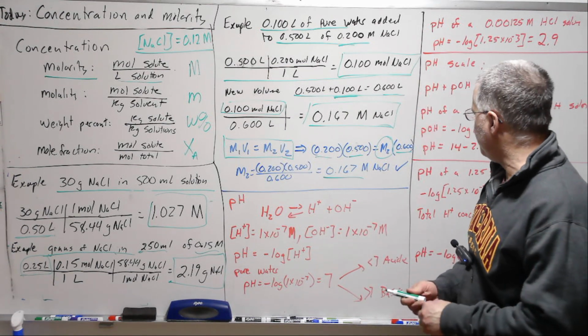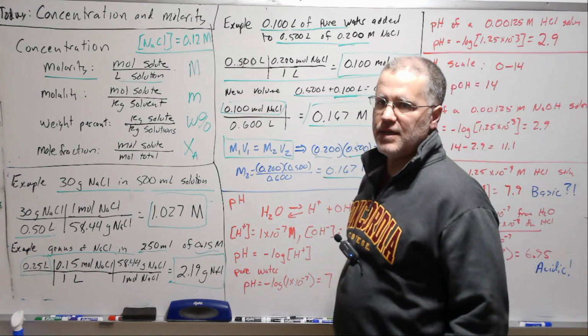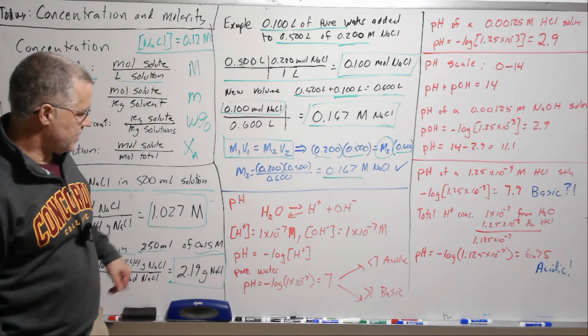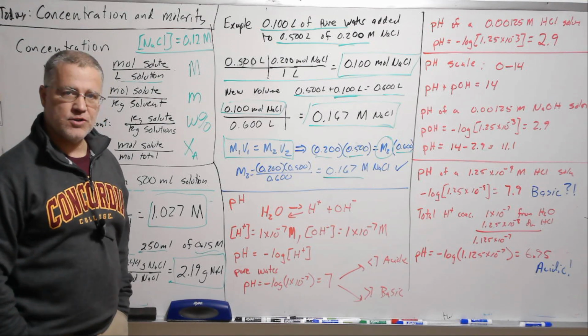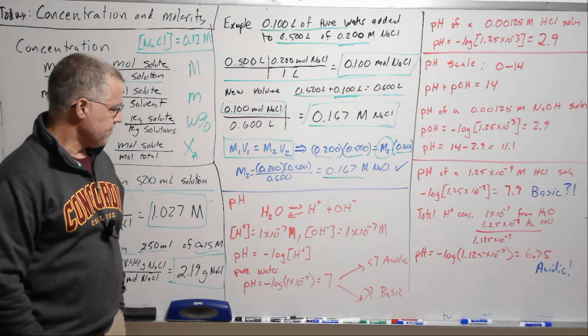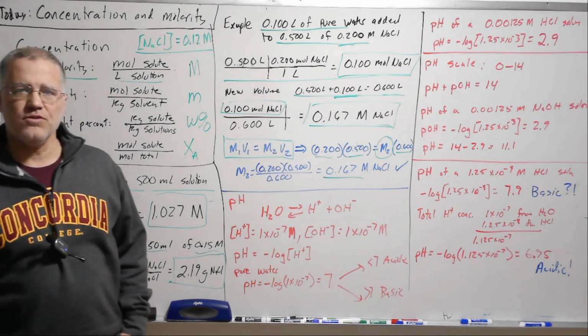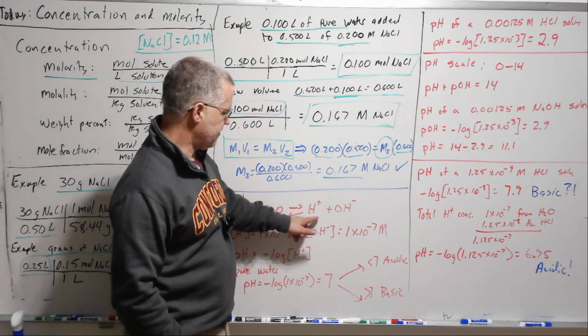Now, just to finish here for a bit, let's talk about the concentration of H+, and that gives rise to something called the pH, which you're probably familiar with, at least a little bit. If we look at water, it actually auto-dissociates, and it does to a very small degree.